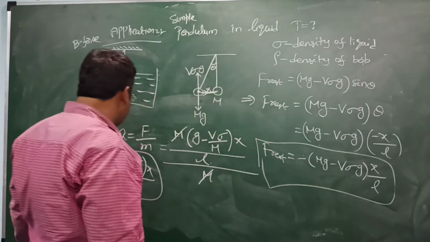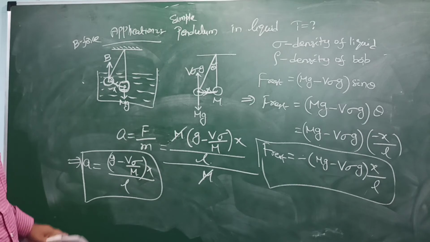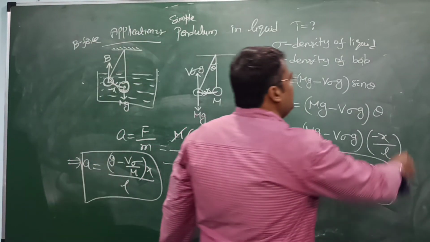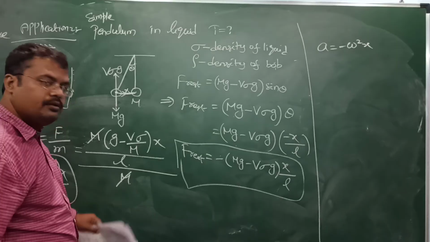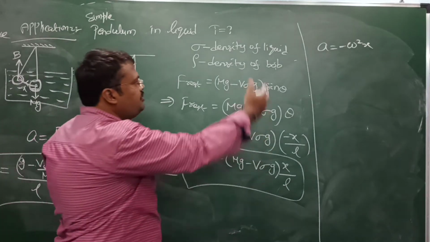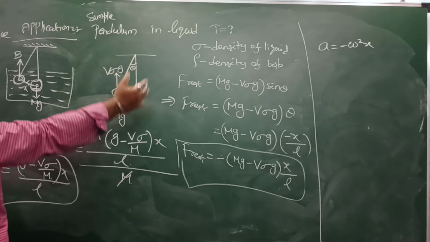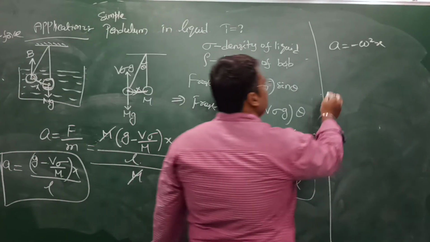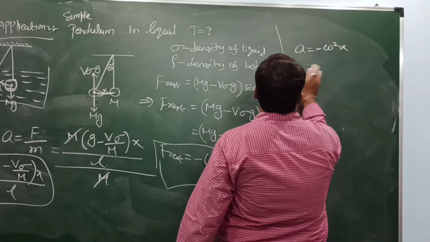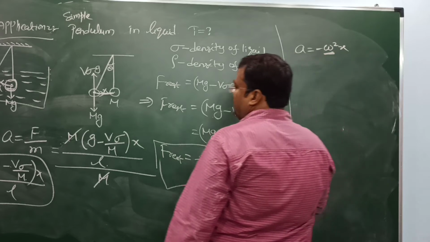Now let us try to compare this acceleration with the standard equation of acceleration of a particle, that is minus omega squared x. So what about the omega when you compare this one?